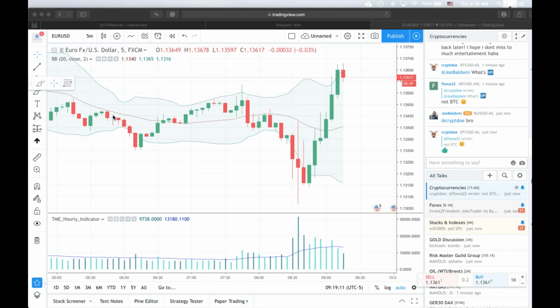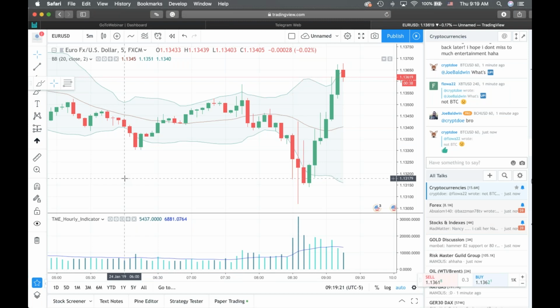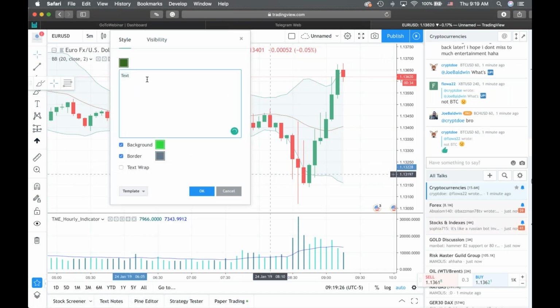So once the price action bursts outside the lower band, and I'm currently talking about a buy signal, let me just write it so we won't get distracted. So we're talking about a buy signal right now.